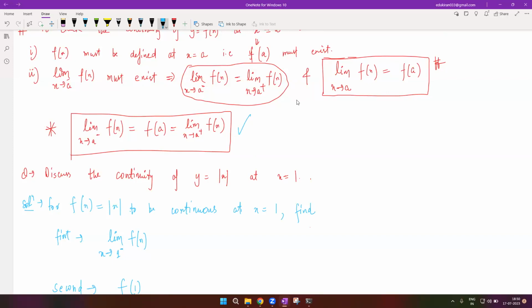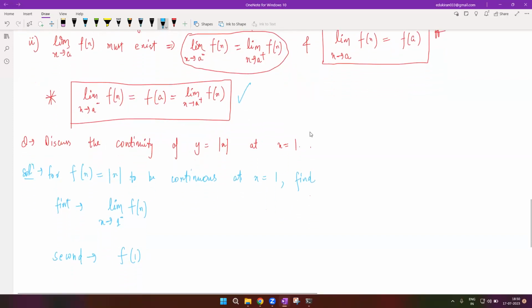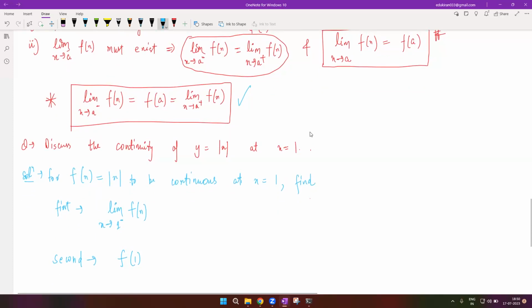This is the concept, right? And I know the value of a is 1 in this case, because I want to check the continuity at x is equal to 1. So instead of a, we are using 1. I'm checking the LHL at 1, which I have written firstly. Then secondly, I want to check the value of this function at 1, which is f(1) basically.